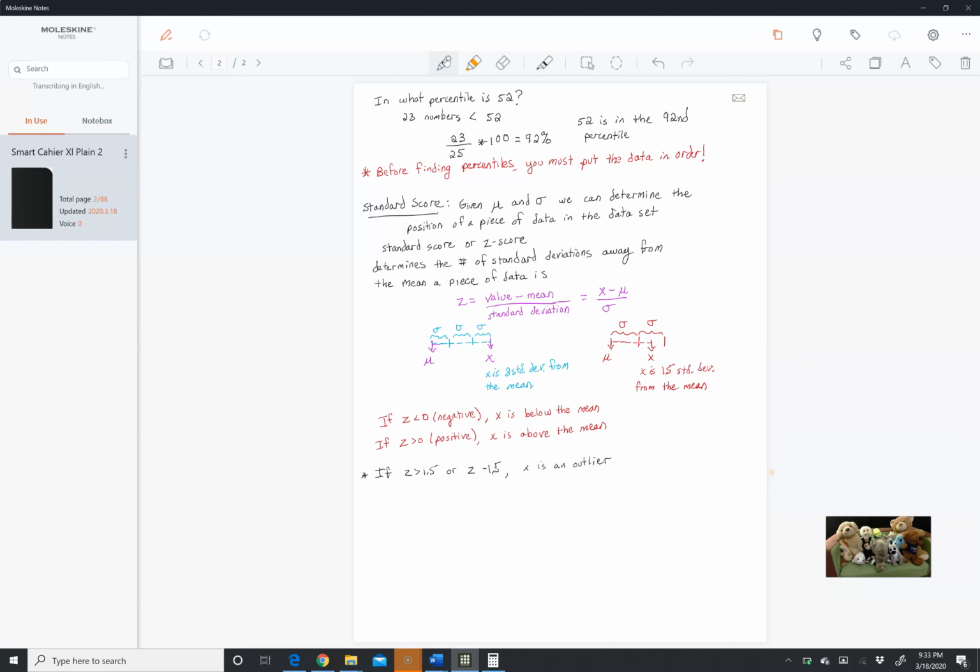Okay. So let's say that we're discussing the speed of a vehicle. So suppose that the mean speed of a vehicle is 56 miles per hour on the highway, with a standard deviation of 4 miles per hour.